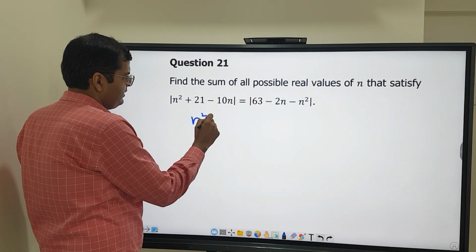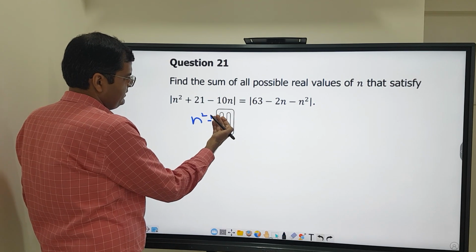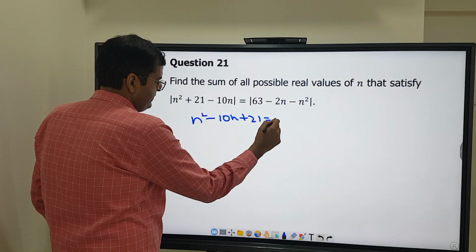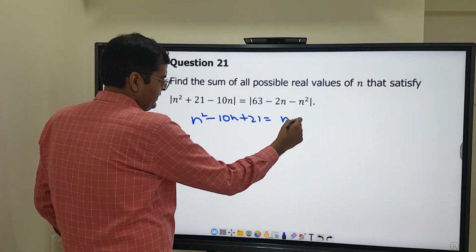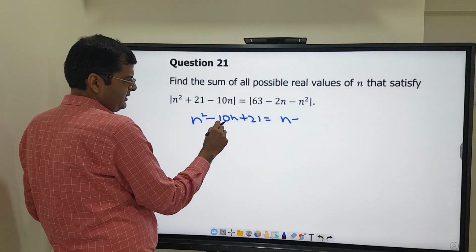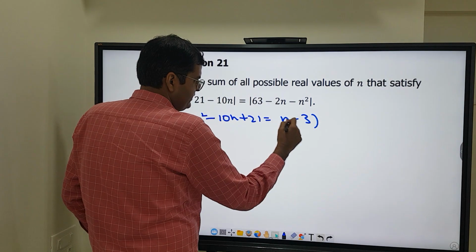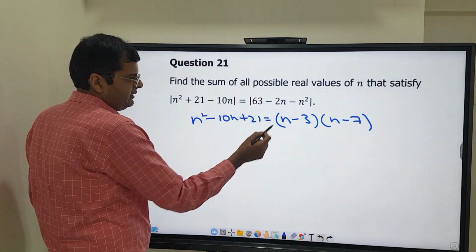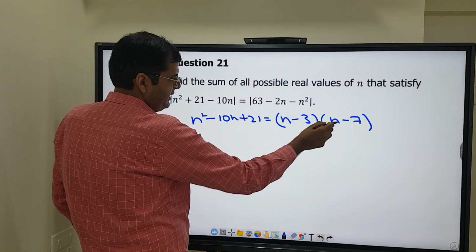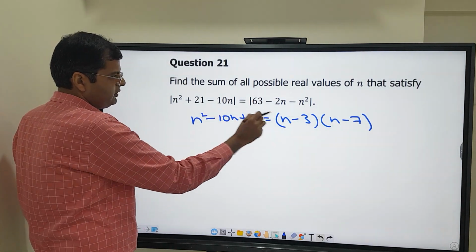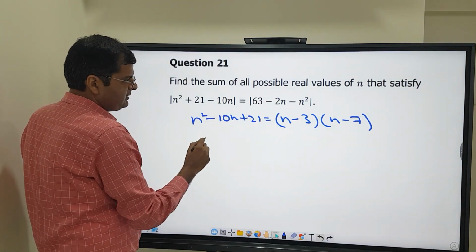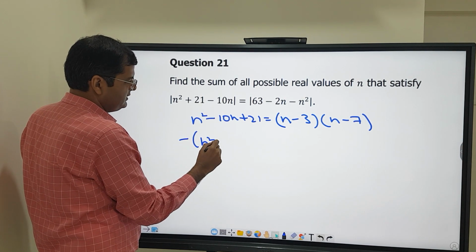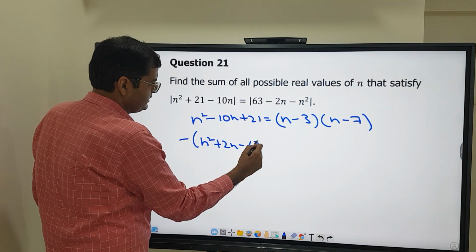Rather than plus 21, n square minus 10n plus 21, I can write it as minus 3n and minus 7n. So n minus 3 into n minus 7. This term over here, if I take minus common, is n square plus 2n minus 63.